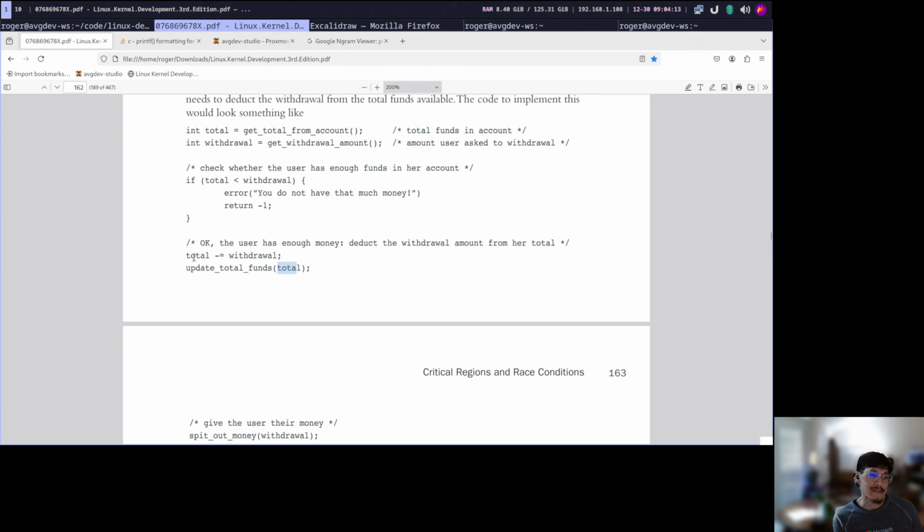So, like, it's kind of weird, right? You would think like, oh, hey, I already updated the total here, but in the real world, this could be like a helper function that can not only update the total for the current ATM, but like update the total in the entire real backend system for this specific account. So it makes sense to me here why you update total, but then you have to really update total funds here.